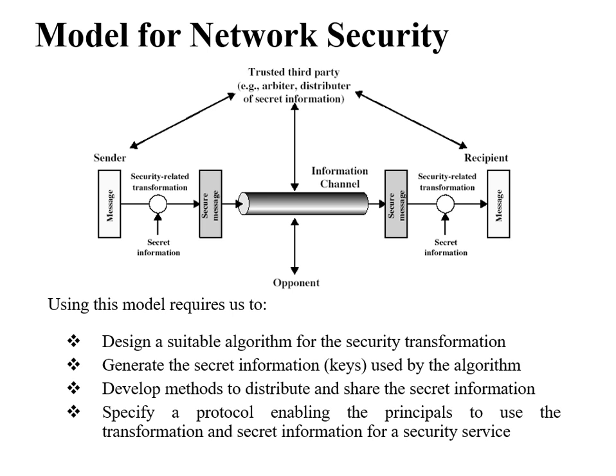A logical channel is established by defining a route through the internet from source to destination and by cooperative use of communication protocols, such as the TCP/IP protocol, by the two principals.